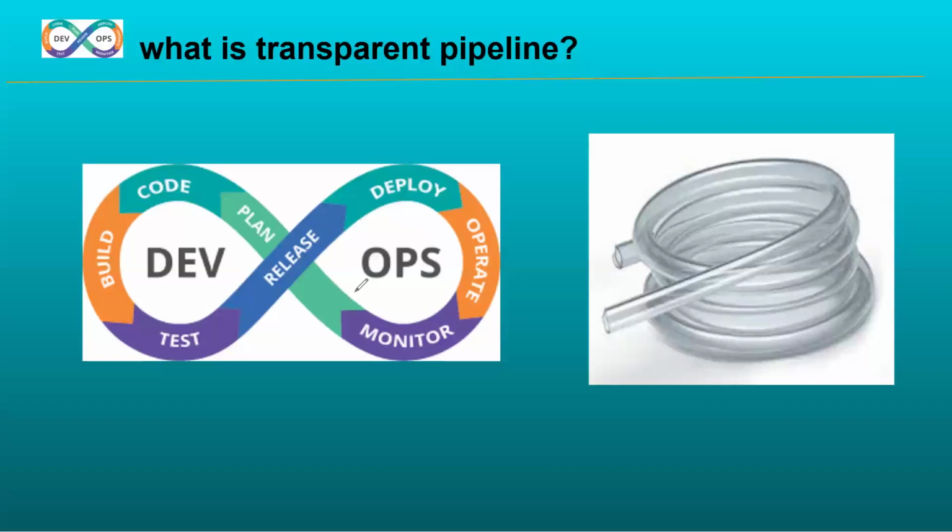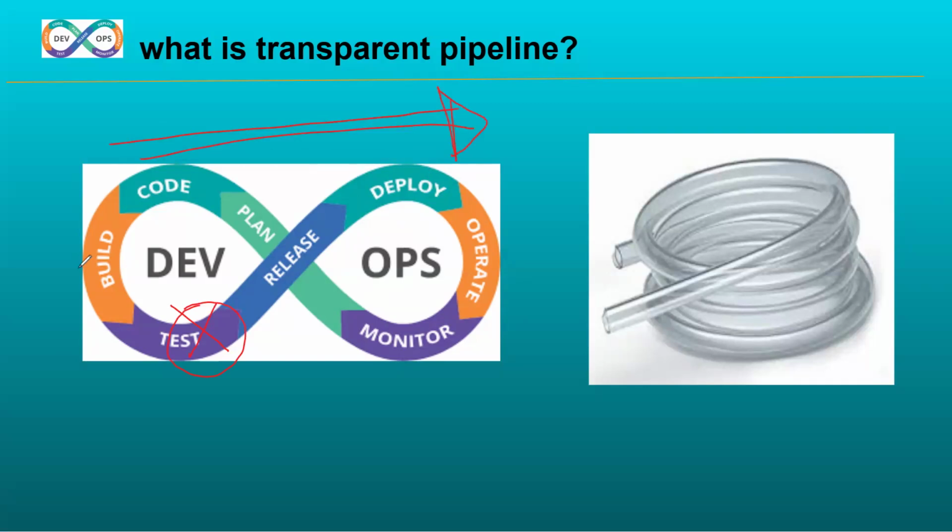Due to this transparency and automation, even if you get any issue, we can easily identify it as soon as possible, and we are going to deliver our working software into the production environment as soon as possible.